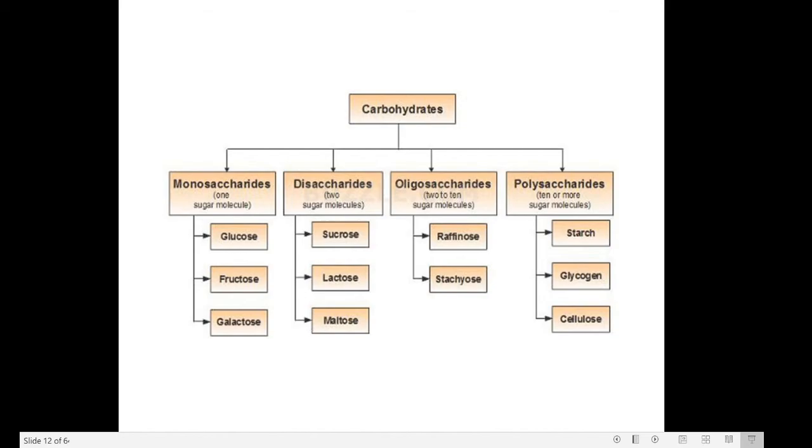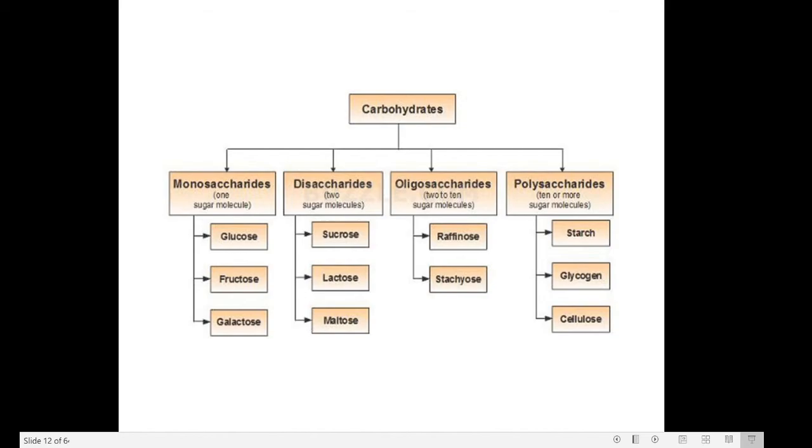Carbohydrate, the primary molecule, is a monosaccharide. The monosaccharide is one sugar molecule. Saccharide is the word that indicates a carbohydrate. Mono means single, so a single sugar molecule is the monosaccharide. It's glucose, fructose, galactose.